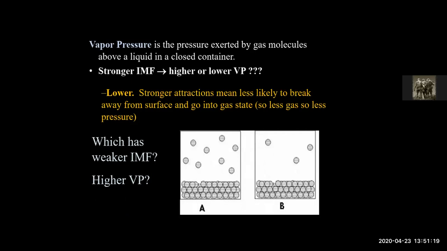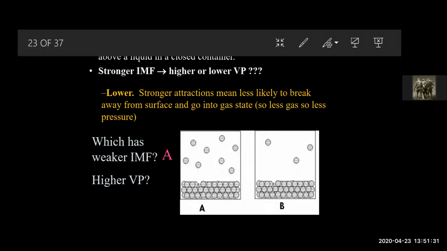A good example is here. They're asking which has a higher IMF. Well, A has a weaker IMF, simply because the interactions down in the liquid phase are weak, causing more of the molecules to go into the vapor phase.